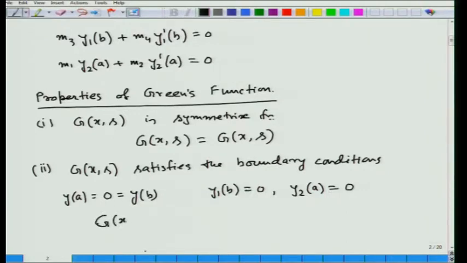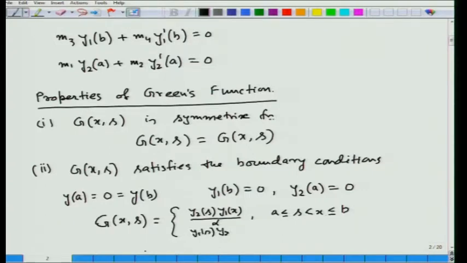Green's function is G(x, s), that is equal to y2(s) y1(x) divided by alpha. This is defined for a less than or equal to s less than x less than or equal to b, and y1(s) y2(x) divided by alpha, where a less than or equal to x less than s less than or equal to b. Now, look at this definition. In the first part, x can be equated to b.